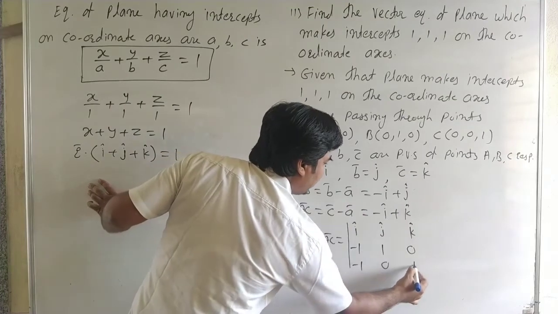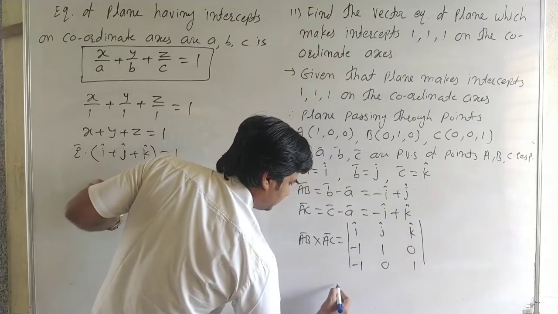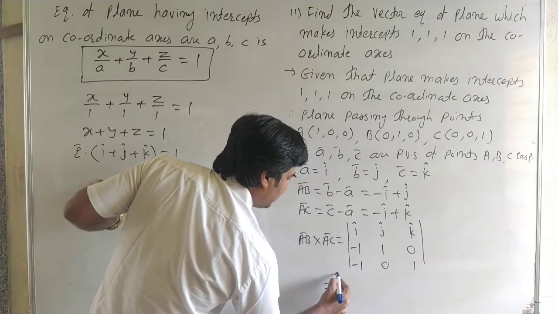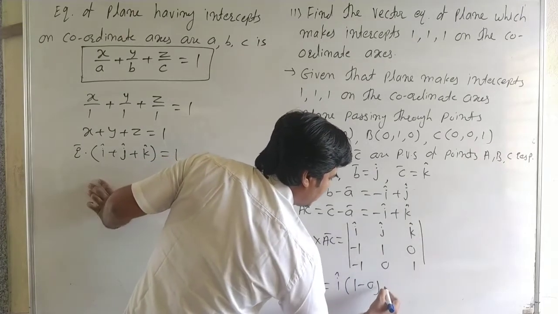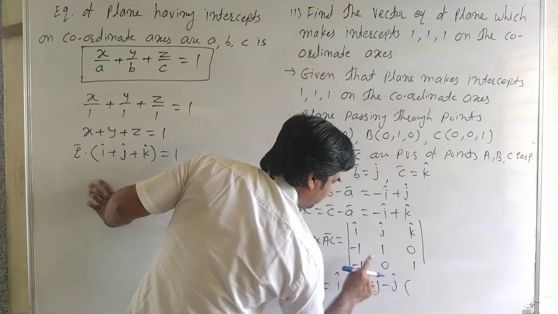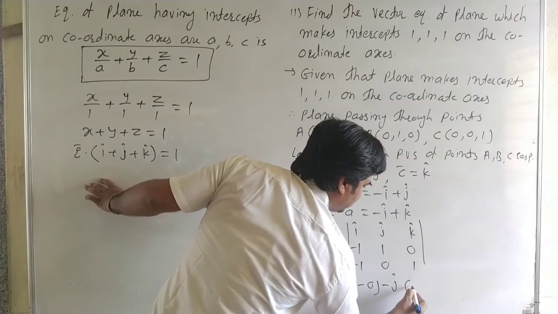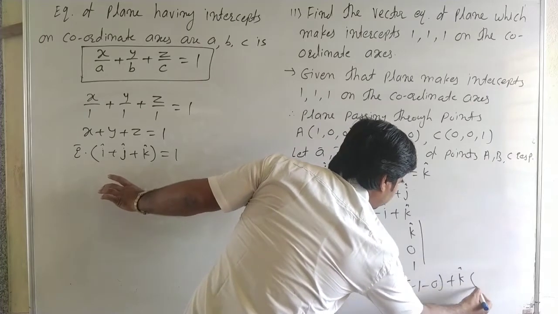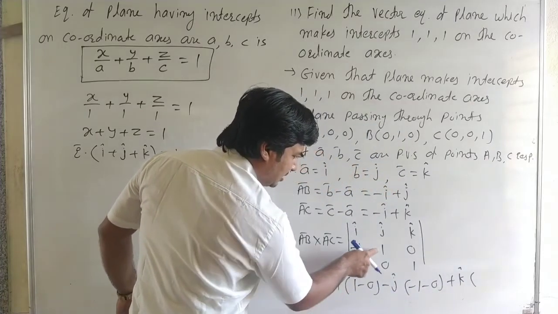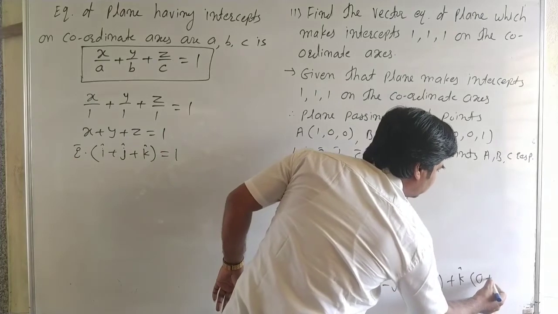Taking the cross product, it is I cap into (1 minus 0), minus J cap into (minus 1 minus 0), plus K cap into (0 minus minus 1), that is 0 plus 1.